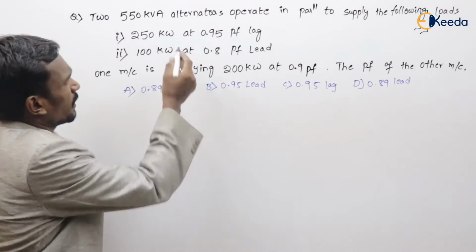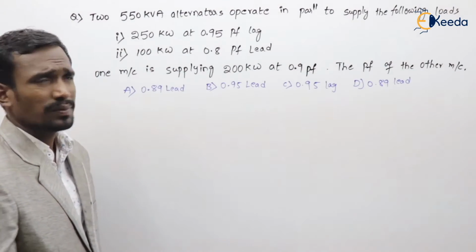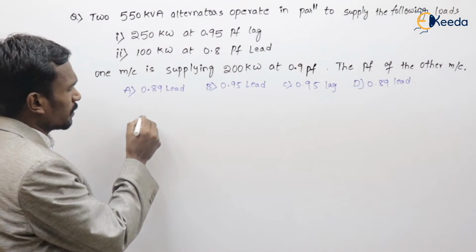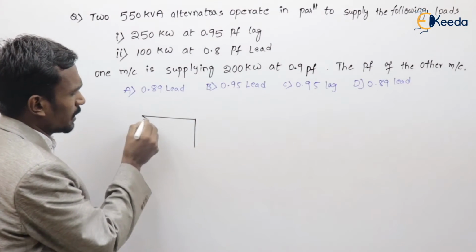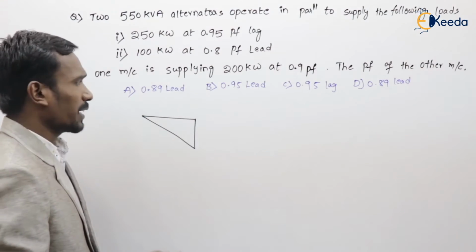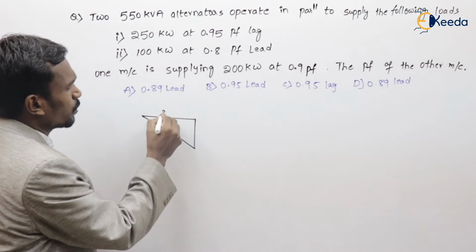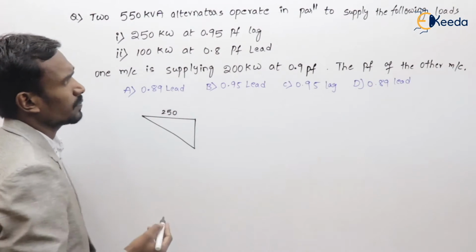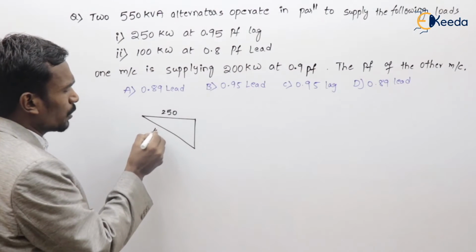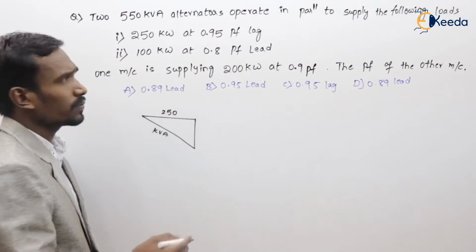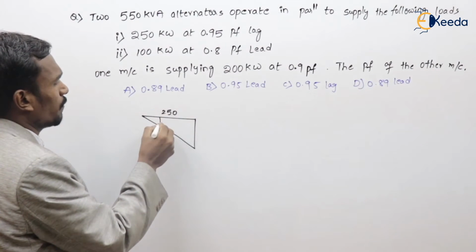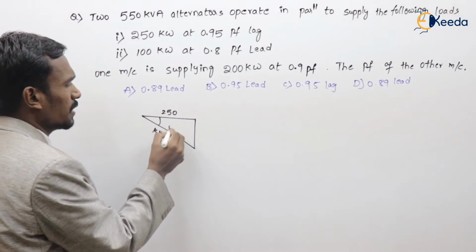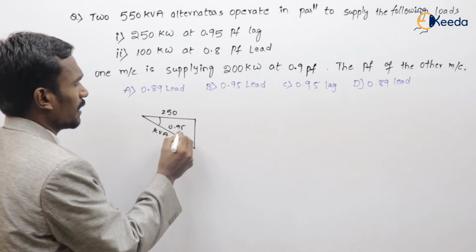Let's see. First, take the first one. Here it is given like this. This is 250 kilowatts, and we don't know the kVA of this one, and we have this power factor 0.95 lagging.